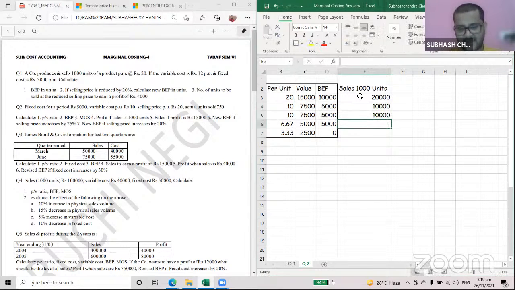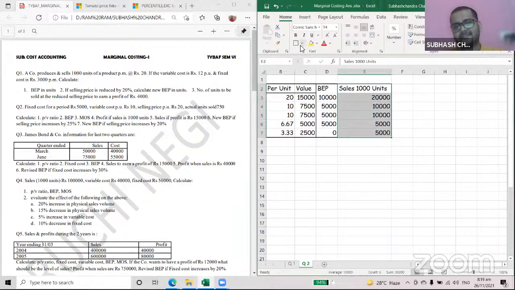Then this will remain the same because it's a fixed cost. So we'll deduct 5,000 from the 10,000 and we'll get rupees 5,000. So 5,000 will be your profit. No need of formula at all. My table is ready. We'll fill all the details and we'll get the answer.